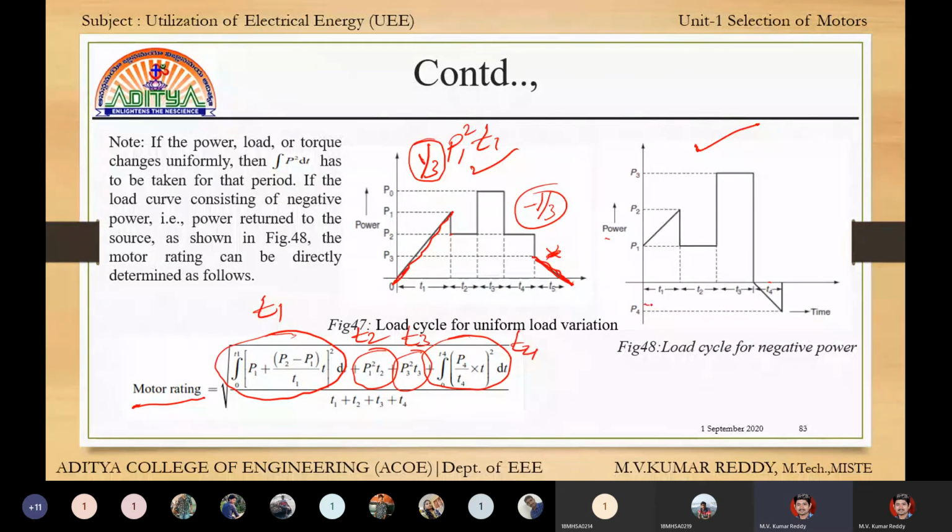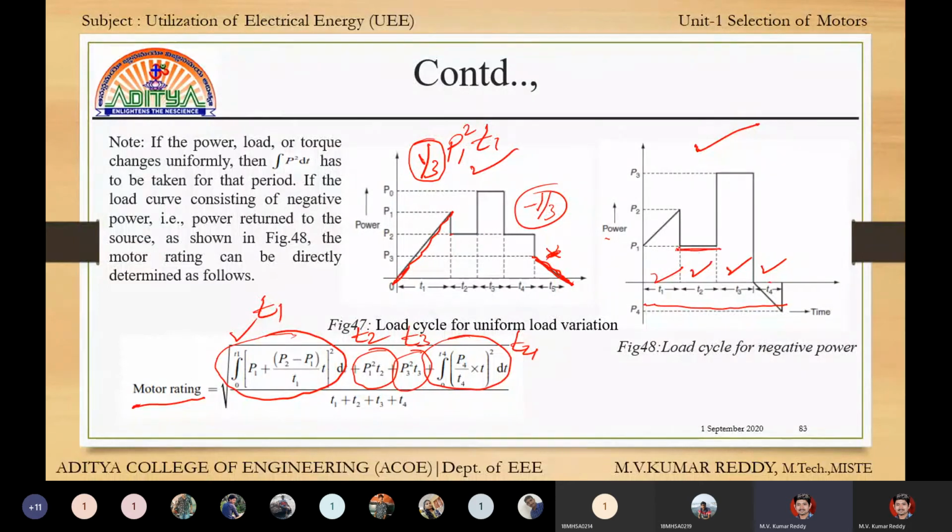Here there are four time conditions: T1, T2, T3, and T4. For T1, the formula is P1 plus (P2 minus P1) by T1 into T, whole square. We have to integrate that portion, plus the next one is the normal graph.